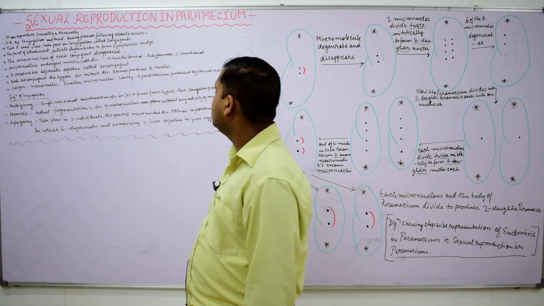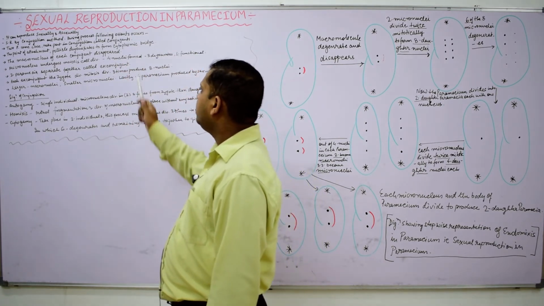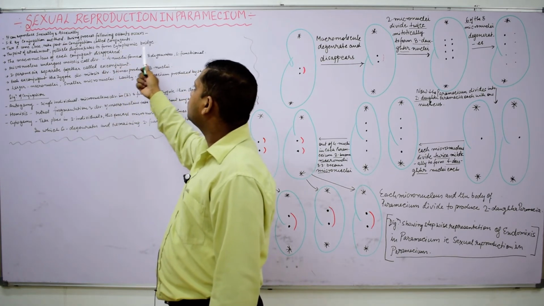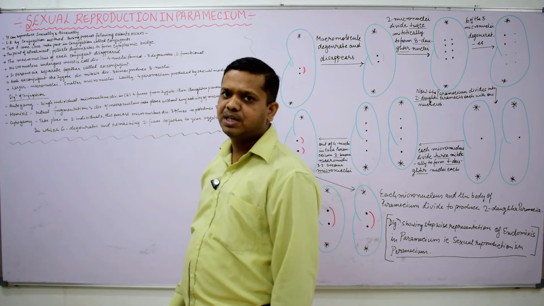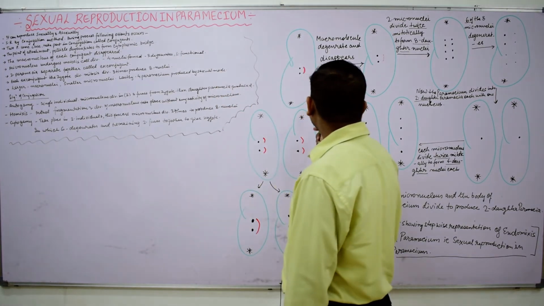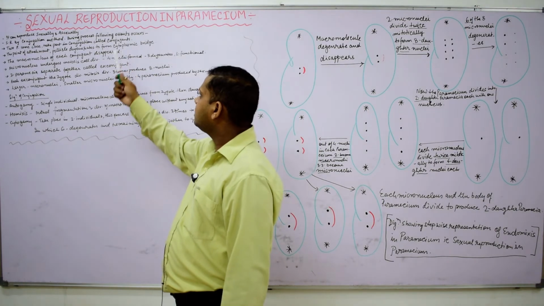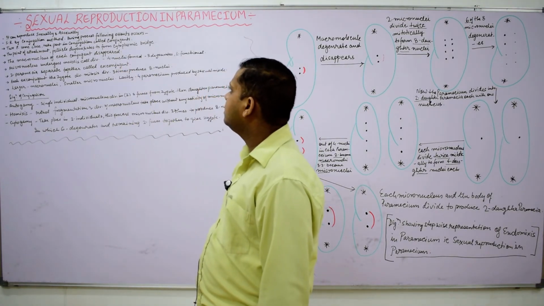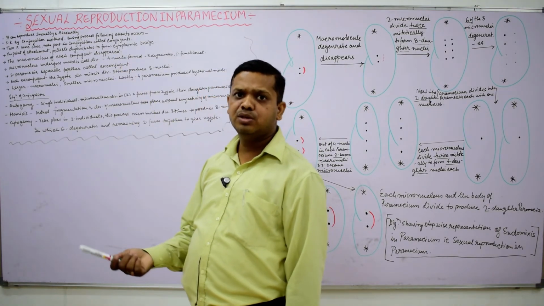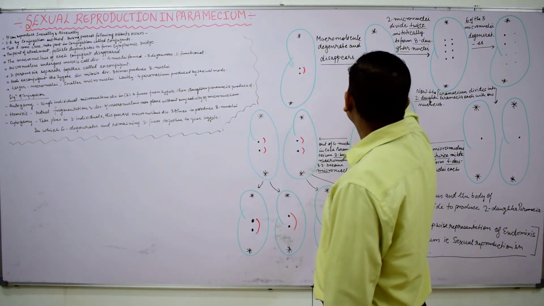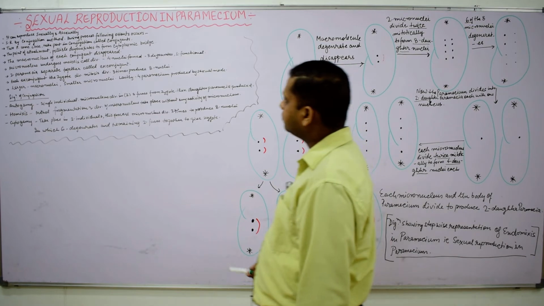At the point of attachment the pellicle degenerates to form a cytoplasmic bridge. The macronucleus of each conjugant disappears. So the macronucleus is disappearing, as I have shown in the diagram.